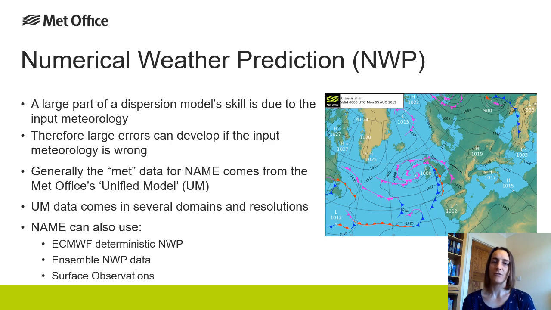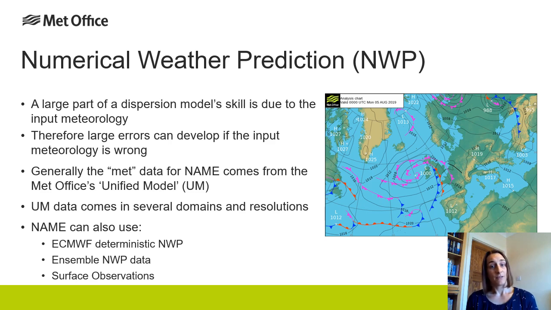Within the Met Office, generally we get our metadata from our NWP model, which is called the Unified Model, or the UM for short, and these are acronyms you might see during the rest of the course. And it's the UM that provides the UK's national weather forecast that you'll see on sites like the Met Office website, our app, and other locations.